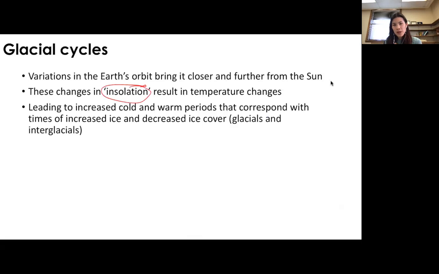So when we're farther away from the sun, we have less insolation and cooler temperatures. This leads to a glacial cycle. However, as the Earth's natural orbital variations bring us back closer to the sun, that glacial period will then transition to being a warm period or an interglacial.